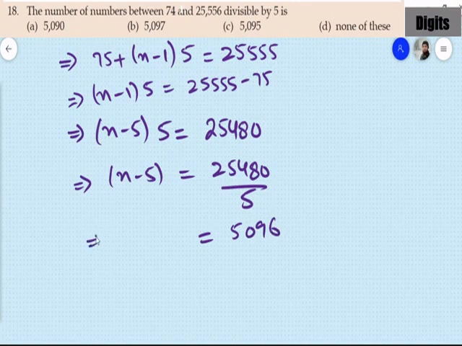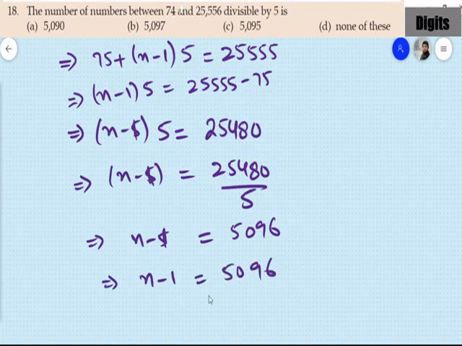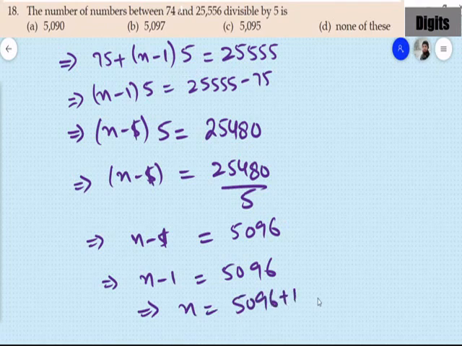That is, n minus 1 is this number. It implies n minus 1 is equal to 5096, which implies n equal to 5096 plus 1, which is equal to 5097.